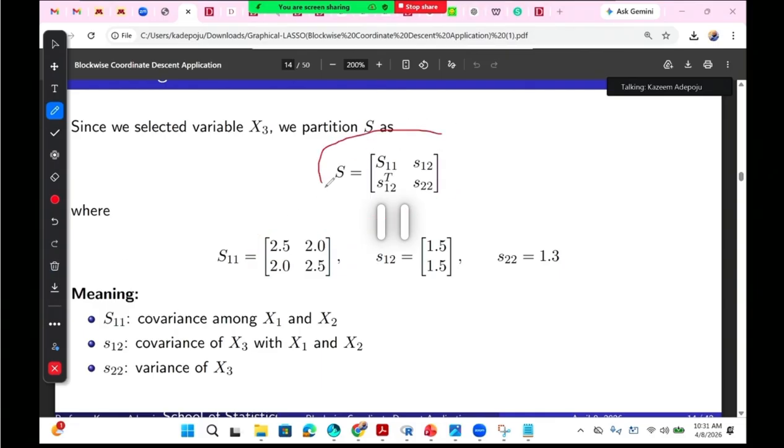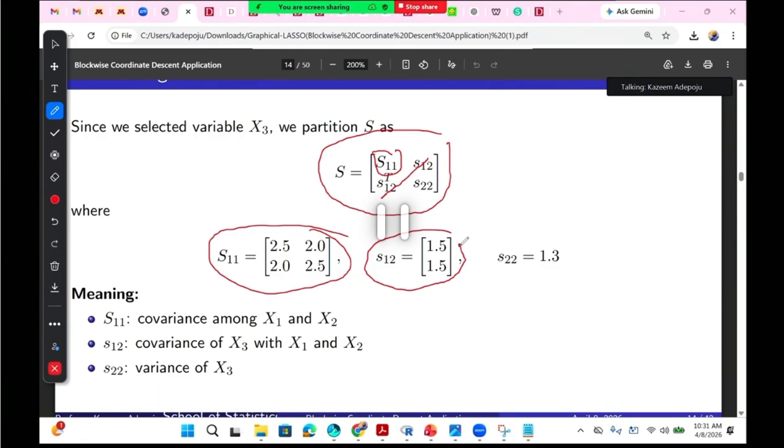If you look at this guy here, this is the one I'm focusing on. The X12 is this guy. The X12 gives you the covariance, the one that I removed, the one that connects S3 that you're focusing on to X1 and S2.